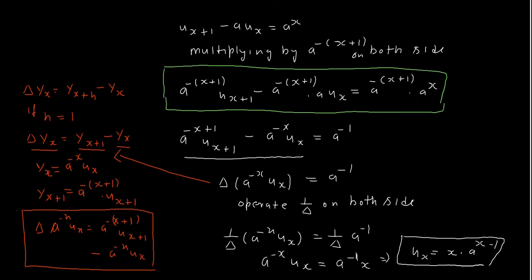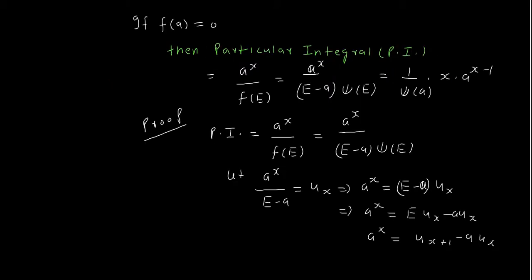Just put the value of this u(x) here. This may be written as a to the power x upon phi(a) into e minus a, and now put the value of this u(x).